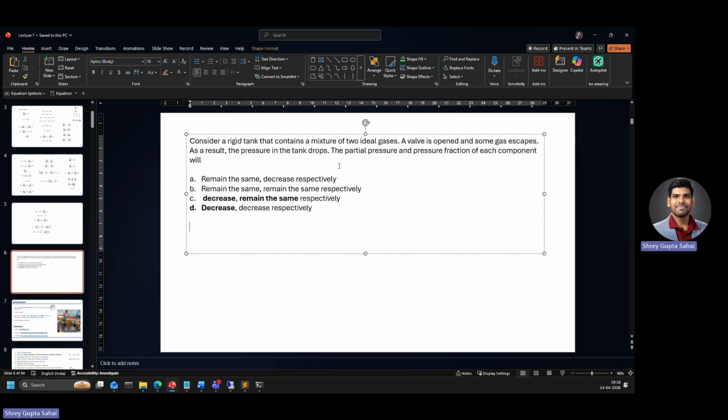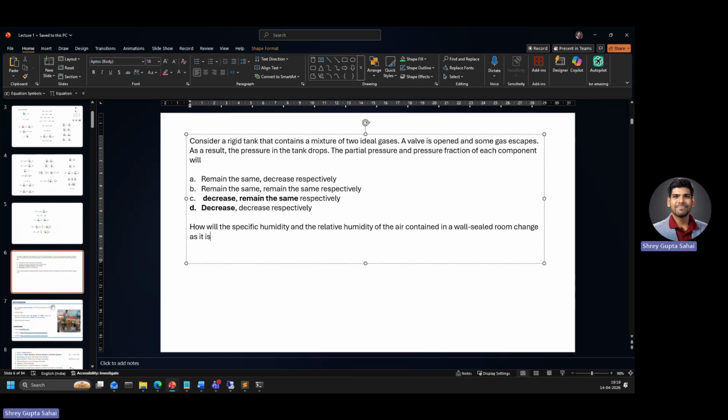The next question is, how will the specific humidity and the relative humidity of the air contained in a wall-filled room change as it is heated?